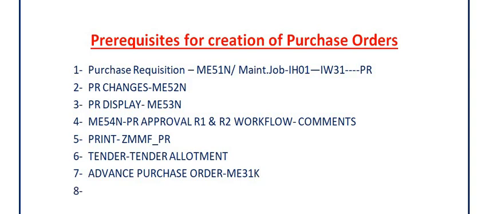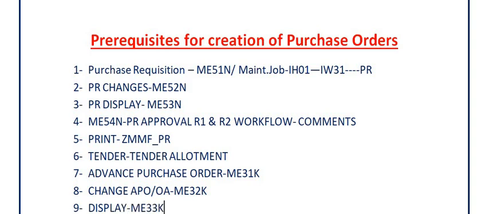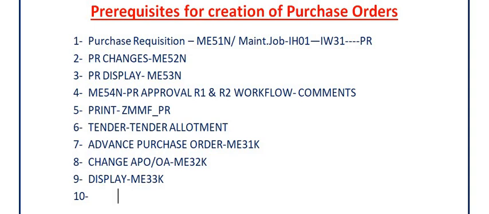This is also known as agreement, outline agreement. Change APO or OA, because advanced purchase order and outline agreement both are the same, using ME32K. And display you can do using ME33K.